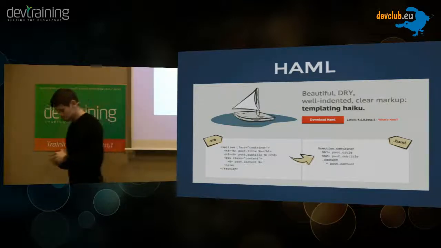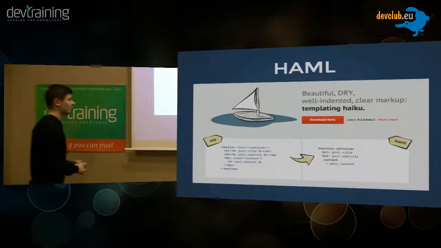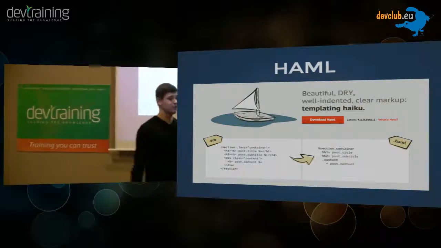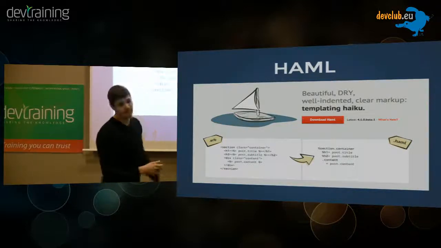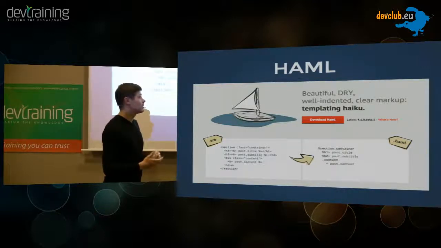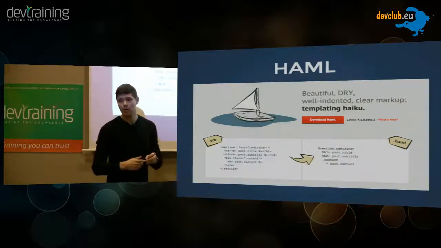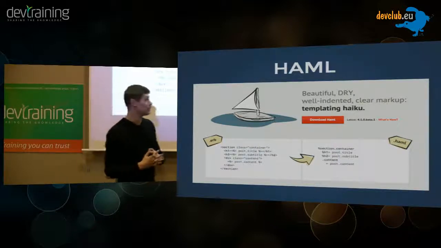I personally, and also a big part of the Ruby community and Rails community, I suppose, prefer using other templating engines, which allow you to write more sane and readable view code.